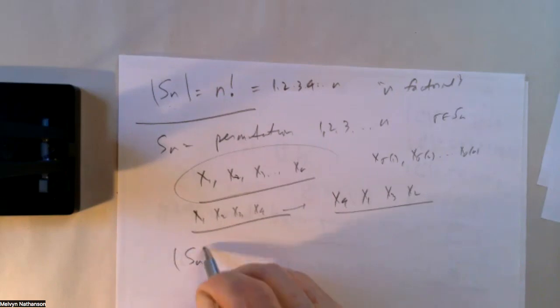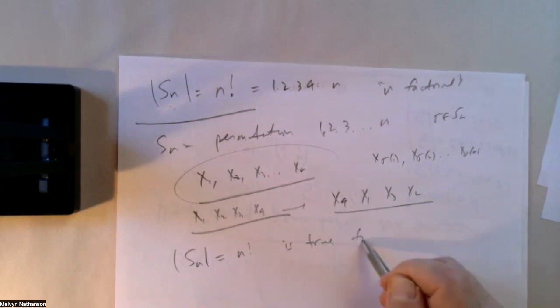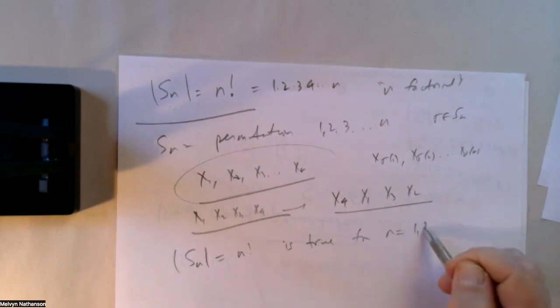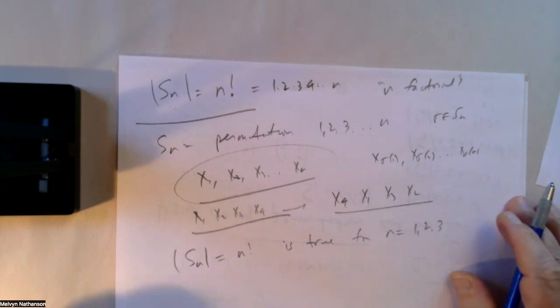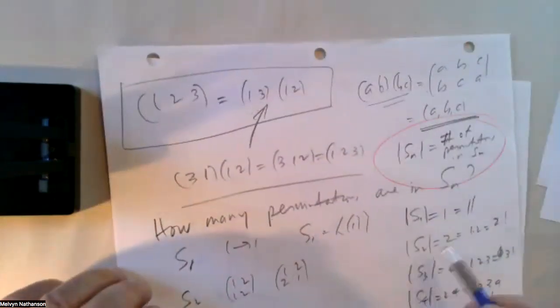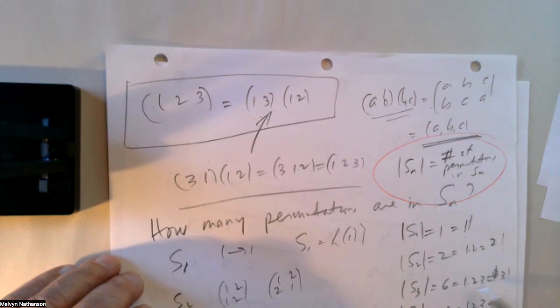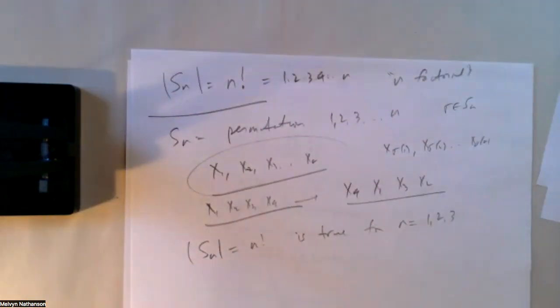So we know that this statement that Sn has n factorial permutations in it is true for n equal 1, 2, and 3, because that's what I just calculated. S1 has 1 factorial, S2, 2 factorial, S3, 3 factorial. So this statement is true for 1, 2, and 3.